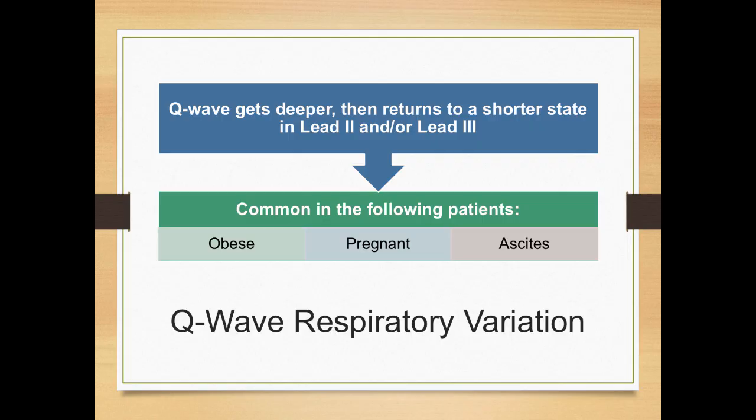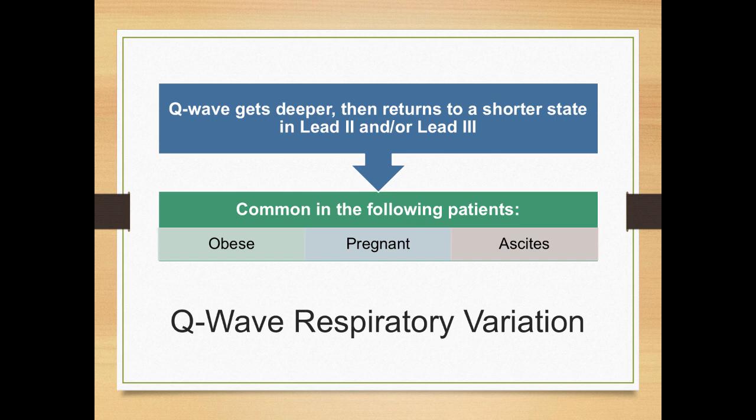Also dealing with Q waves, I just want to mention briefly that there is some respiratory variation in some patients. So obese patients, pregnant patients, patients with significant ascites, anything in which the abdomen is pushing up on the heart. There's this respiratory variation where the Q wave gets deeper, then returns to its normal state.